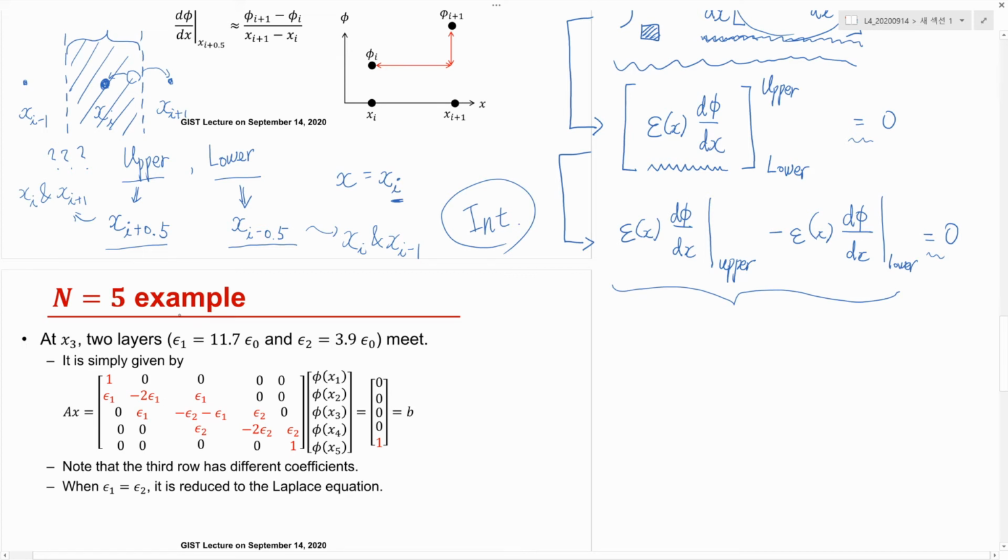For example, let's go to the n equal to 5 case. Let's say we have just 5 points, 1, 2, 3, 4, 5, and at x1 we have a Dirichlet boundary condition, and at x5 we have another Dirichlet boundary condition.